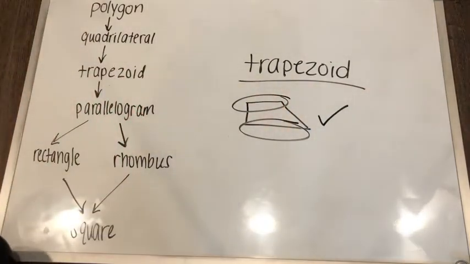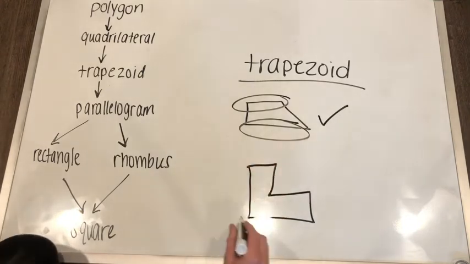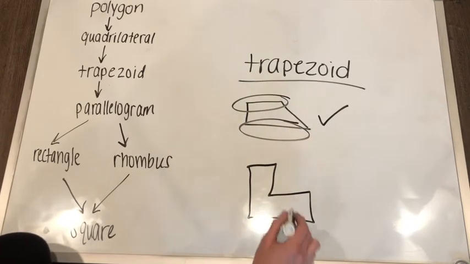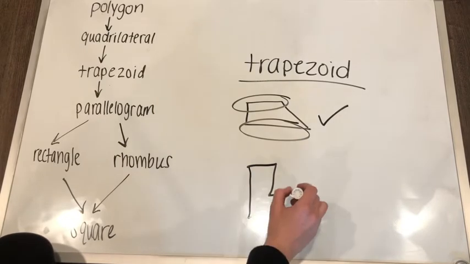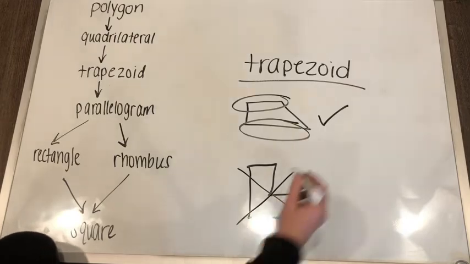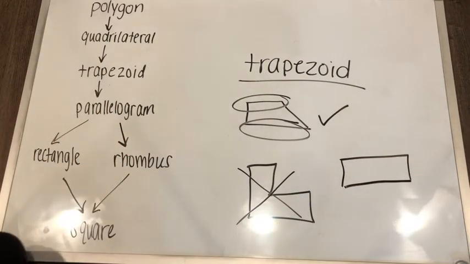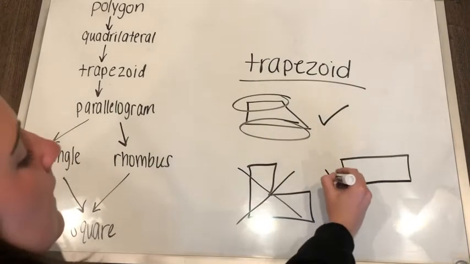So yep. Okay, I see a lot of parallel sides, but if I count the sides, 1, 2, 3, 4, 5, 6, that can't be a trapezoid because it has 6 sides. What about a rectangle? Is a rectangle considered a trapezoid? Yep, because it has at least one pair of parallel sides and it's four-sided, so it is.